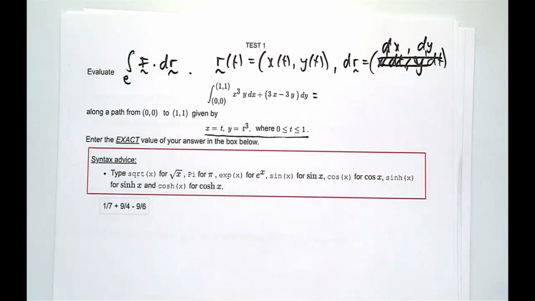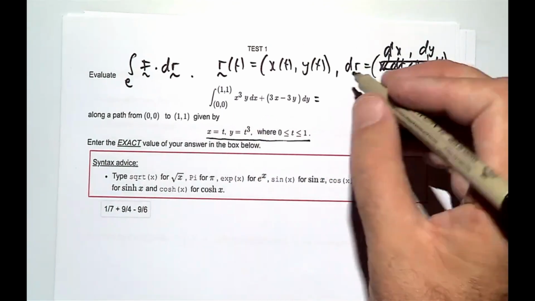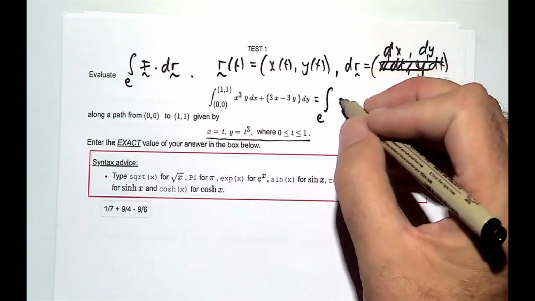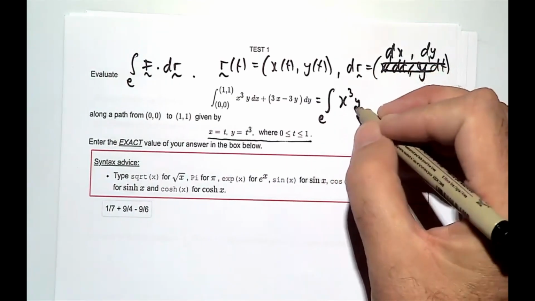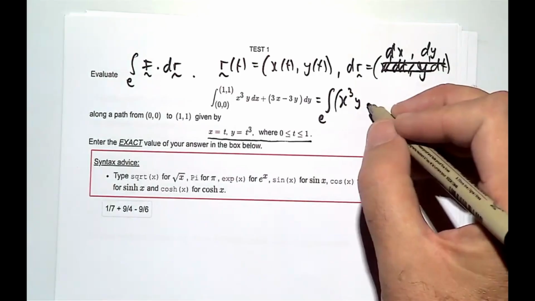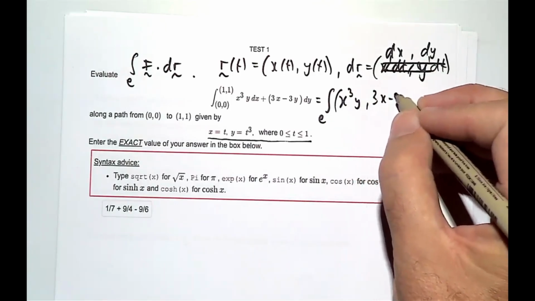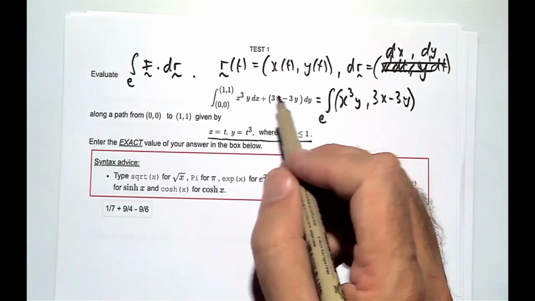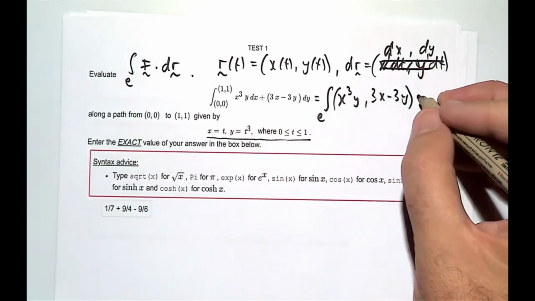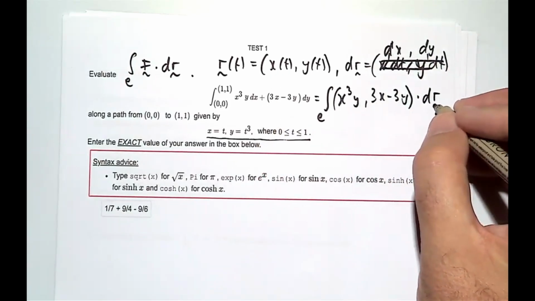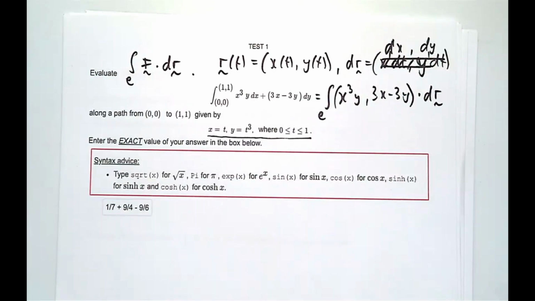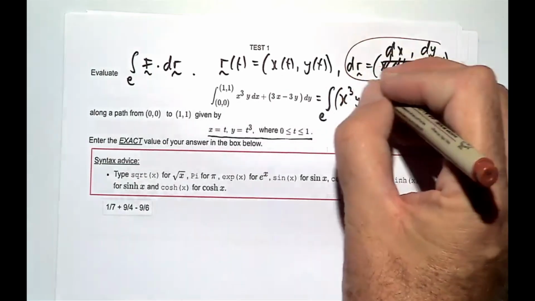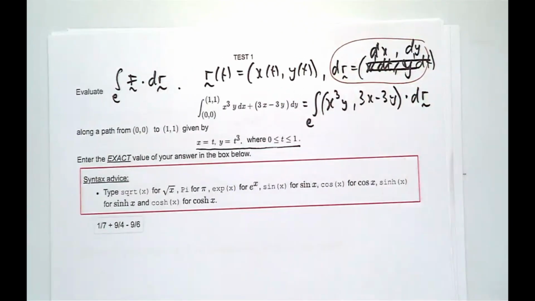What does this look like? x cubed y, 3x minus 3y, and let's push that dx and that dy there. It's still a dot product, but if I expand it with this better notation, I'll get exactly what they have there.